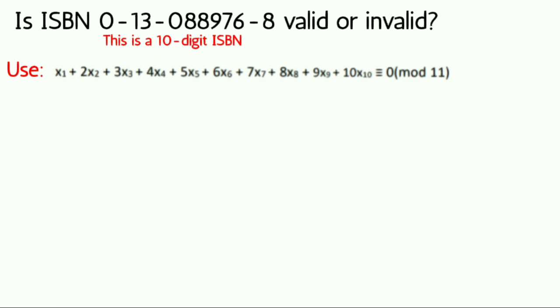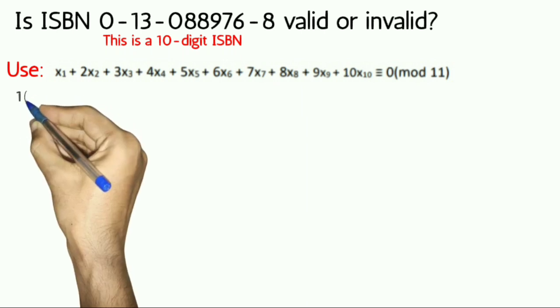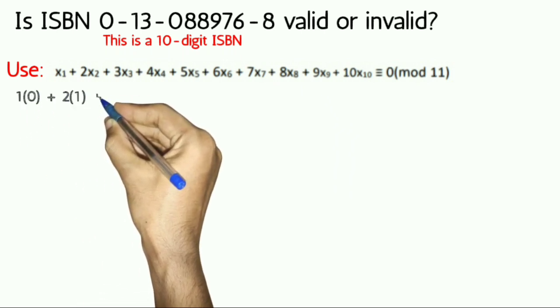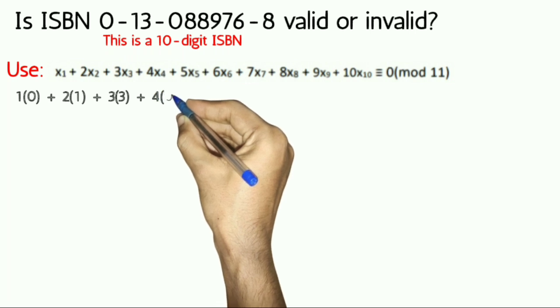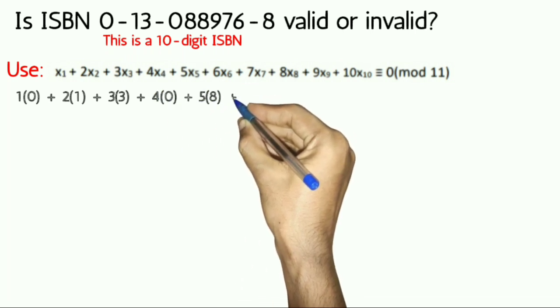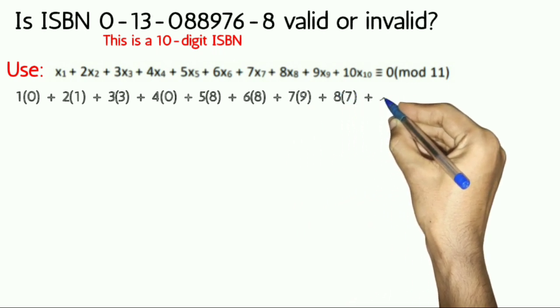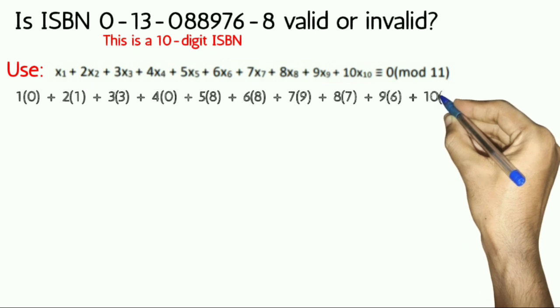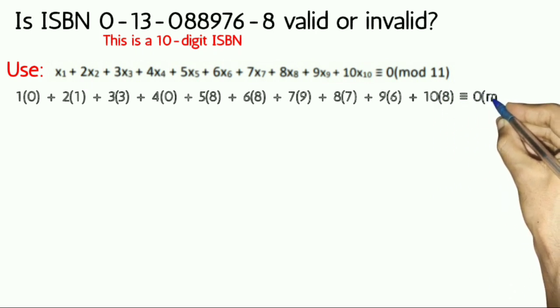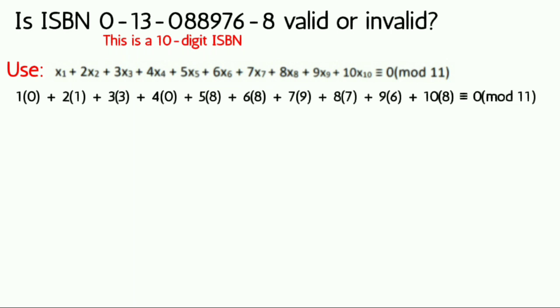By substitution, we will have 1 times 0 plus 2 times 1 plus 3 times 3 plus 4 times 0 plus 5 times 8 plus 6 times 8 plus 7 times 9 plus 8 times 7 plus 9 times 6 plus 10 times 8 is congruent to 0 mod 11.